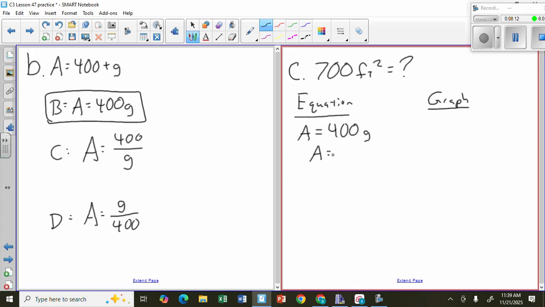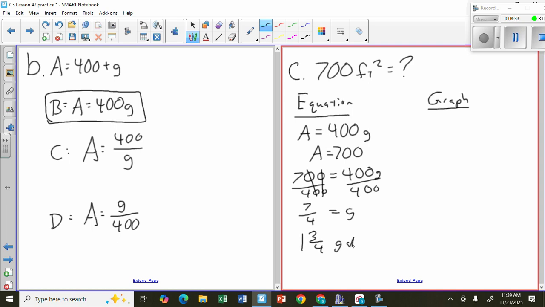And if they want me to cover 700 square feet, I can substitute 700 in for area and divide both sides by 400. Cancel, cancel. 7/4 gallons, which is 1 3/4 gallons.